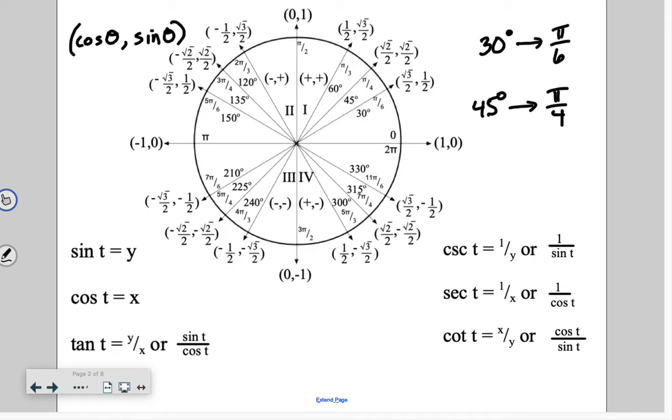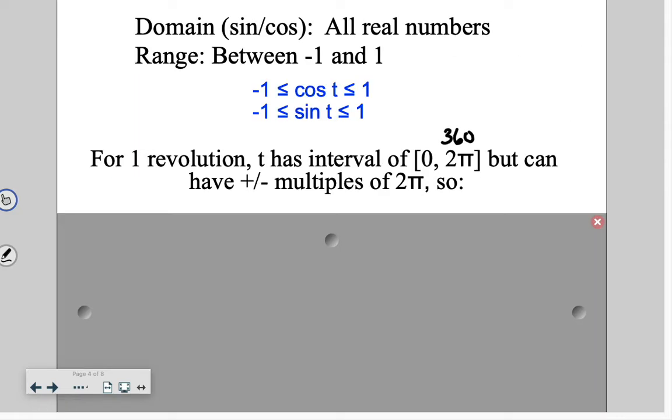You'd end up in the exact same spot. That's what I'm talking about when I say you can add 2 pi or 360 and that's coterminal. I could add another 360 and end up in the same spot, and another 360 and end up in the same spot. That's what I'm referring to when I talk about multiples of 2 pi or 360. You could go around the circle over and over and over again.